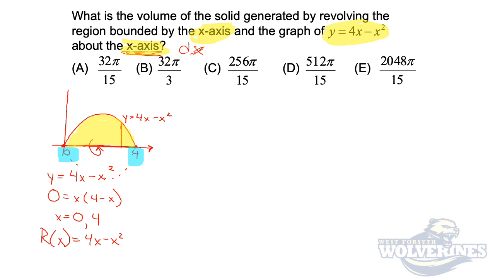Again, tomorrow we'll look at ones where the bottom function, quote unquote, is not 0. So stay tuned. All right, then we just have to set up our volume integral. So pi r squared h. So pi integral from 0 to 4 r squared h dx.